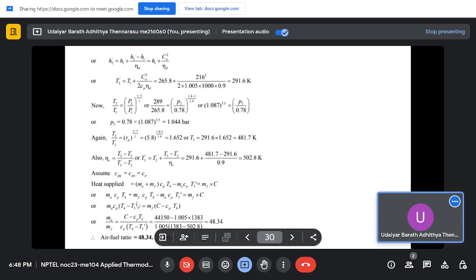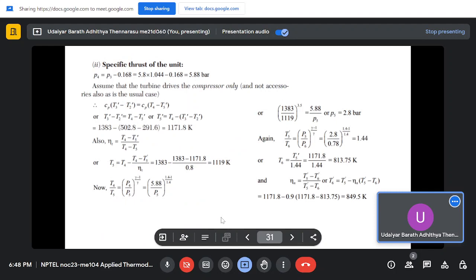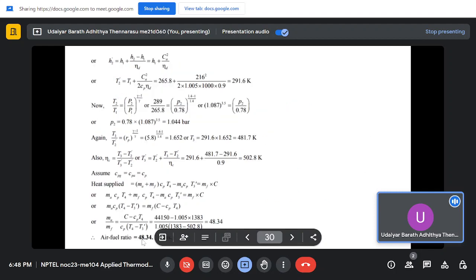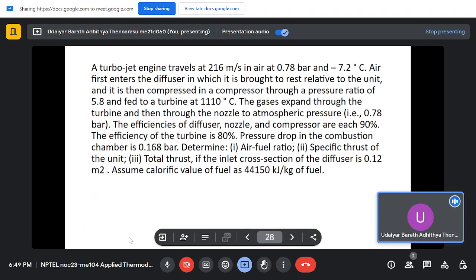From here we can find out the ratio of Ma and Mf. We know the calorific value, we know Cp, and we also know all the temperatures. On substituting, we find that the air to fuel ratio is 48.34. So we have found the air fuel ratio which was required. The first question is to find out the air fuel ratio.